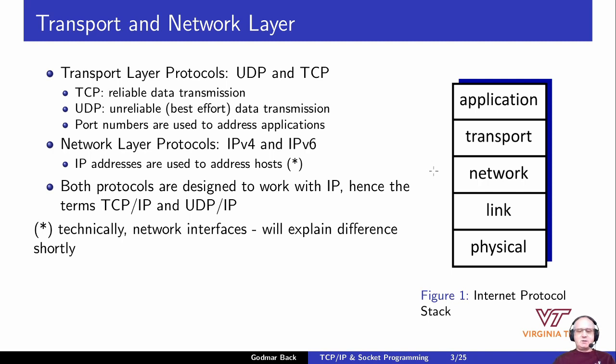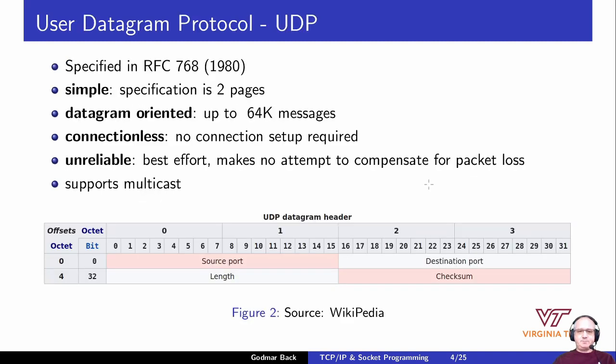So for IP addresses, you can think of those addresses as addressing hosts or the endpoints, machines. But as we will see, IP addresses actually will address network interfaces on hosts, and we'll see the difference between those shortly. Let's talk about the first one, UDP.